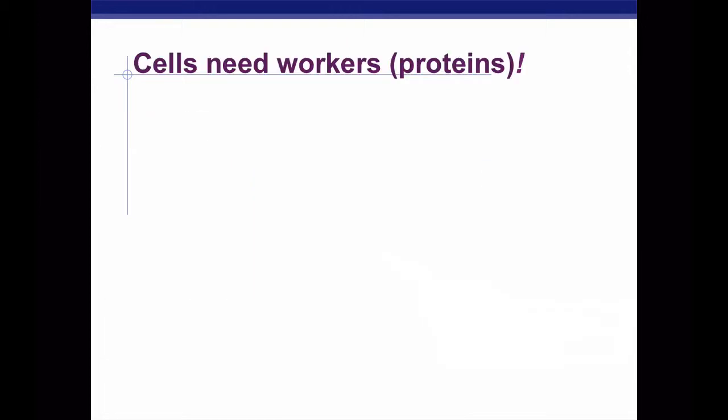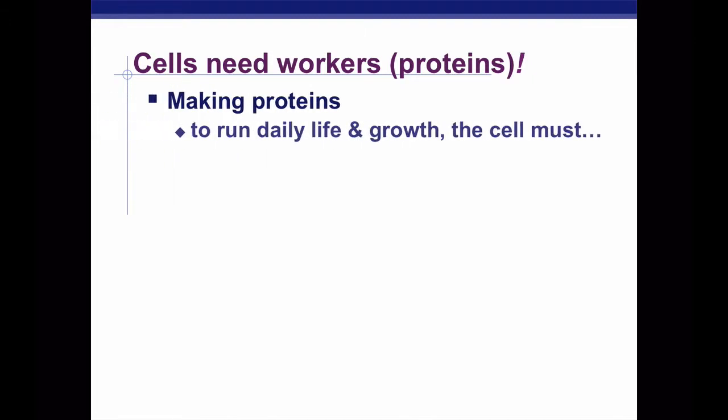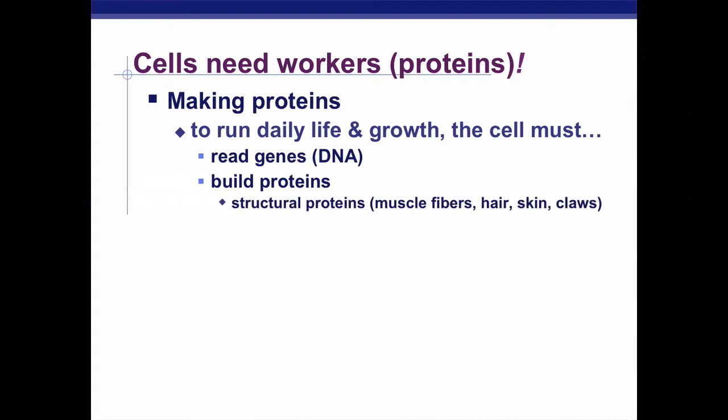So, cells need workers. Proteins. So, making proteins to run daily life and growth, the cell must read genes. Got to be able to read that blueprint. Build proteins. Structural proteins like muscle fibers, your hair, skin, claws. Enzymes.